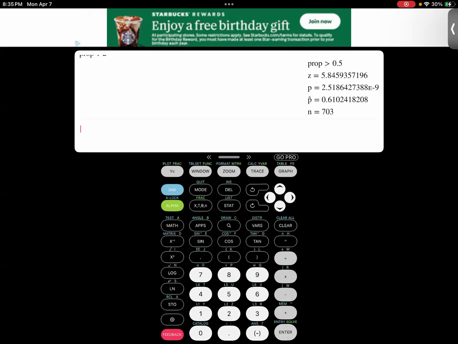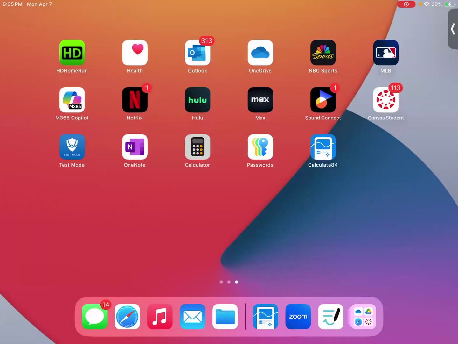Okay, so we get our test statistic z of 5.84 and our p-value 2.51, but be careful, we have an e to the -9 at the end there. That's going to make our p-value very small. So let's write this down in the notes.